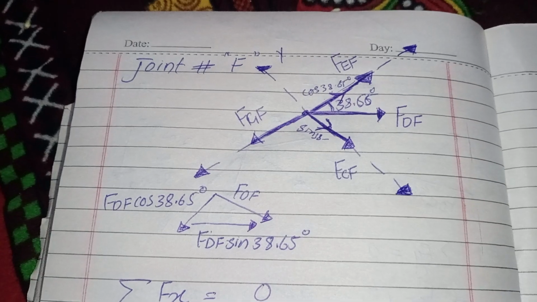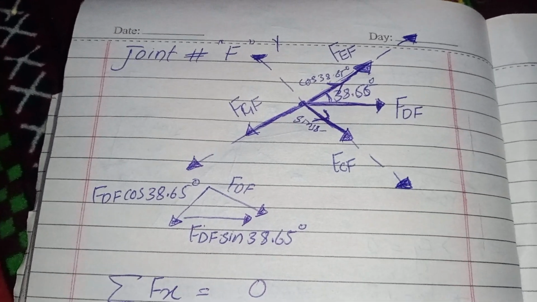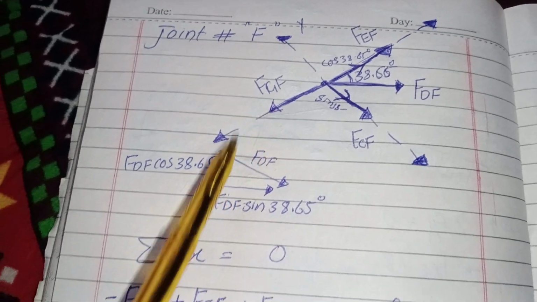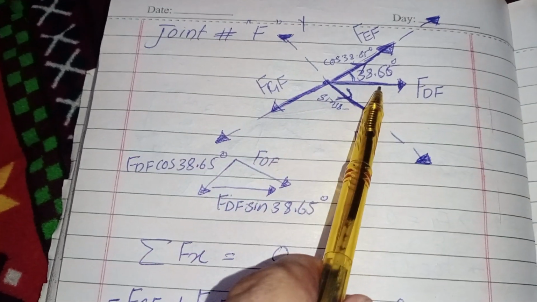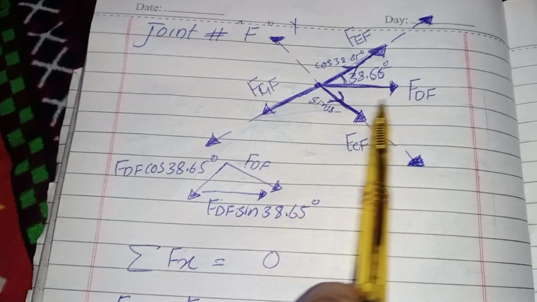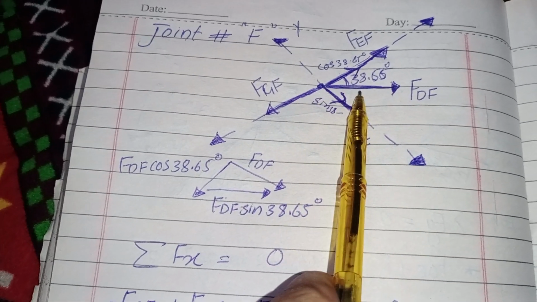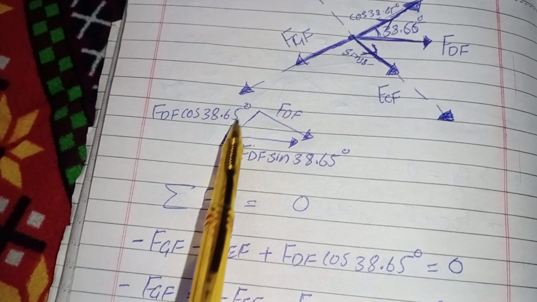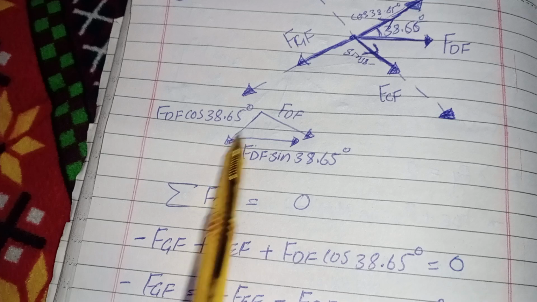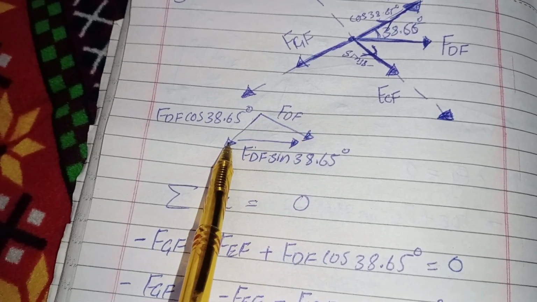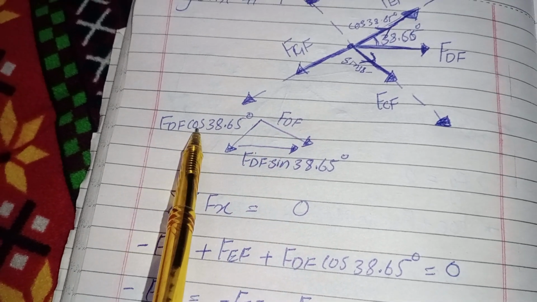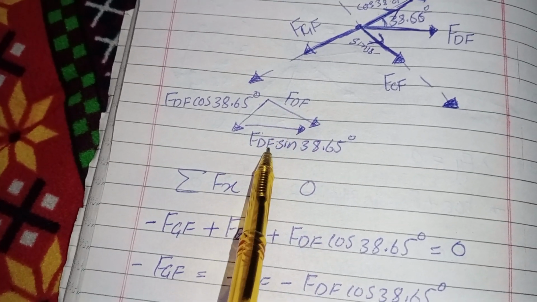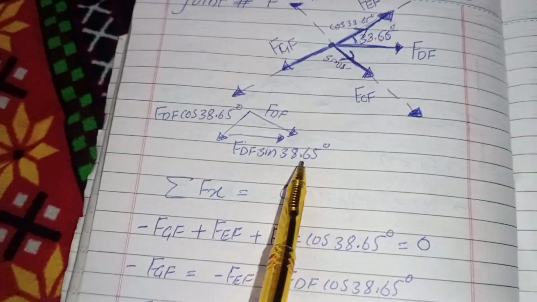If the answer comes with a negative sign, it means that my assumption was wrong. Okay. So first of all I want to resolve it into its components. So first it is the horizontal force, and it is the resultant force. The horizontal component of this force is FDF cos 38.65, and the vertical component is FDF sin 38.65. Okay.